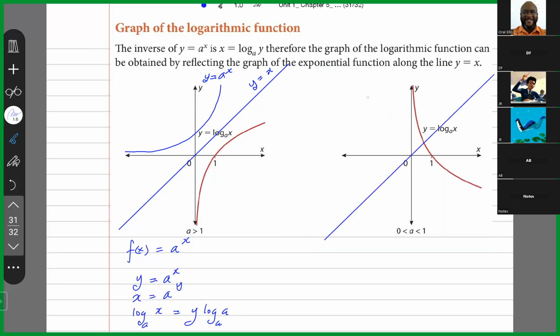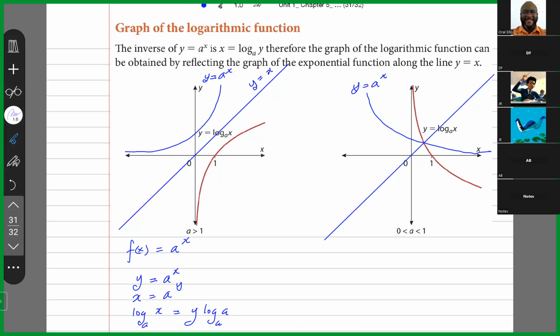So if a is a fraction, the graph would look something like this. And so this is y is equal to a to the x, where a is a fraction.